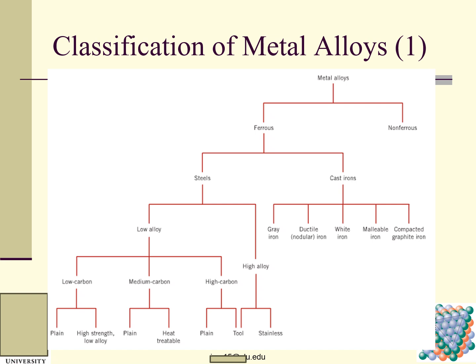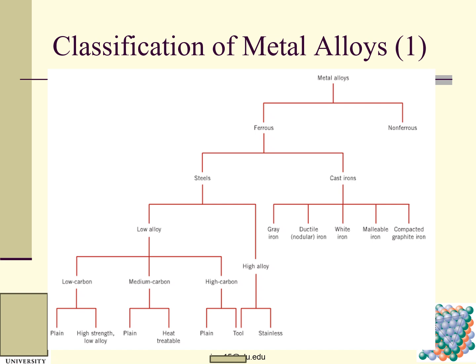What's the difference between steel and cast iron? For steels, we can have low alloy and high alloy. For low alloy, we have low carbon, medium carbon, and high carbon compositions. For low carbon, we have plain, which means we have iron and carbon, but only two elements.